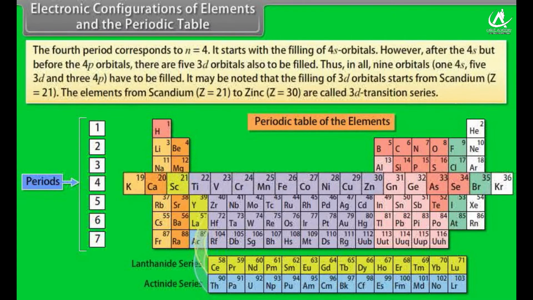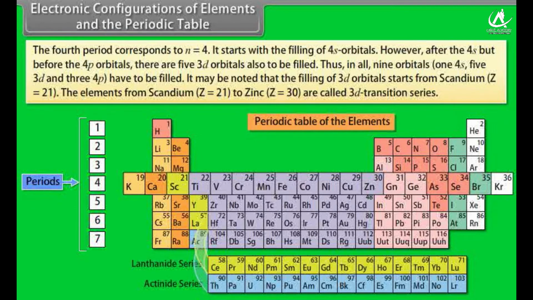The fourth period corresponds to n is equal to 4. It starts with the filling of 4s orbitals. However, after the 4s but before the 4p orbitals, there are 5 3d orbitals also to be filled. Thus, in all, 9 orbitals, one 4s, five 3d and three 4p have to be filled.